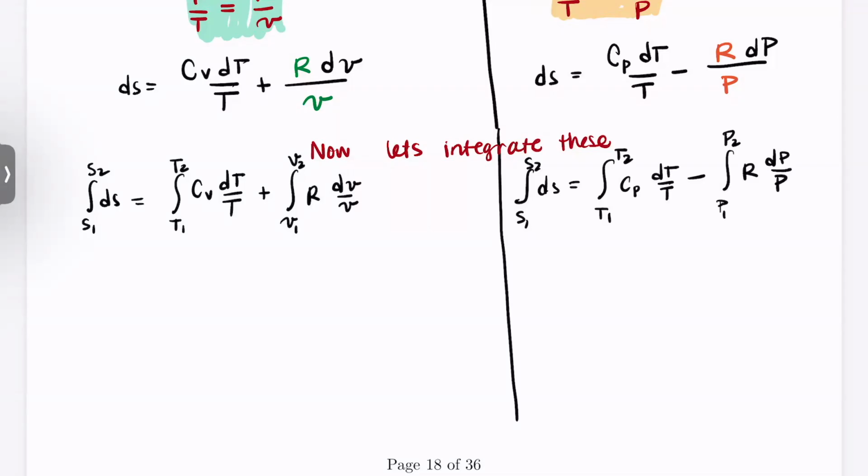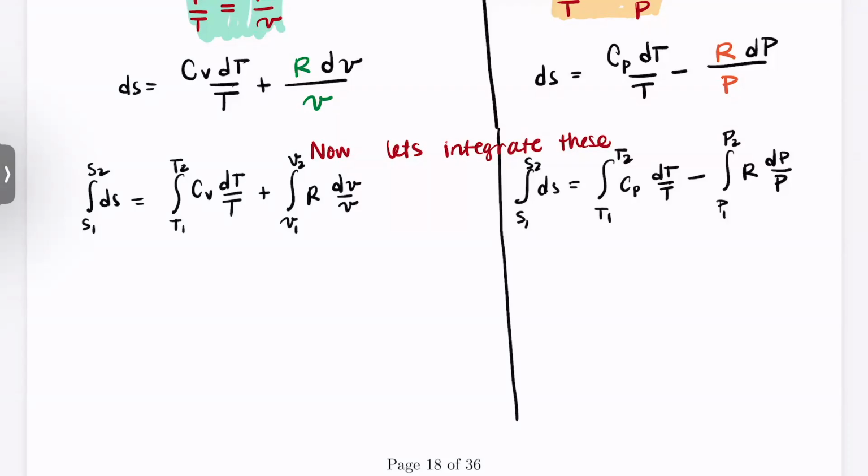Okay. So on both sides, two of these integrals are pretty straightforward. The first one on the left-hand side, the entropy one, we can integrate, not a problem. The second term on the right-hand side also can be integrated without an issue because R is our ideal gas constant.